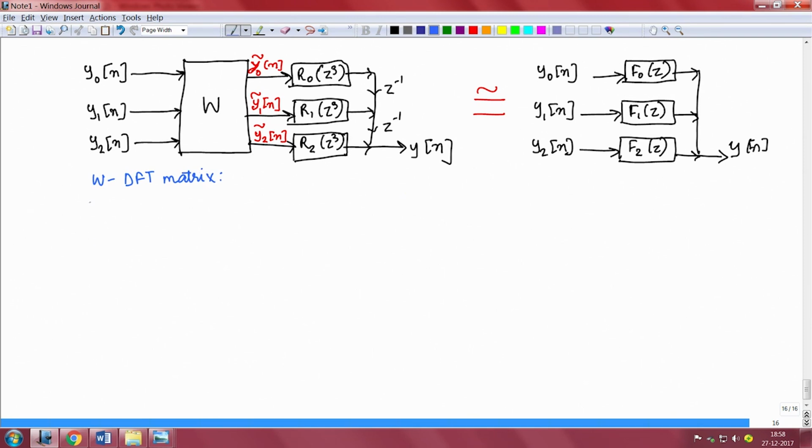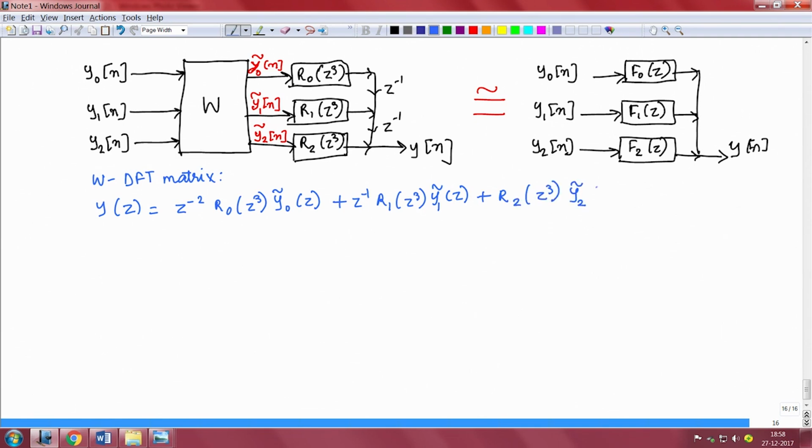We obtain y of z is equal to z power minus 2, r0 of z power 3, y0 tilde of z, plus z inverse r1 of z cube, y1 tilde of z, plus r2 of z cube, y2 tilde of z.